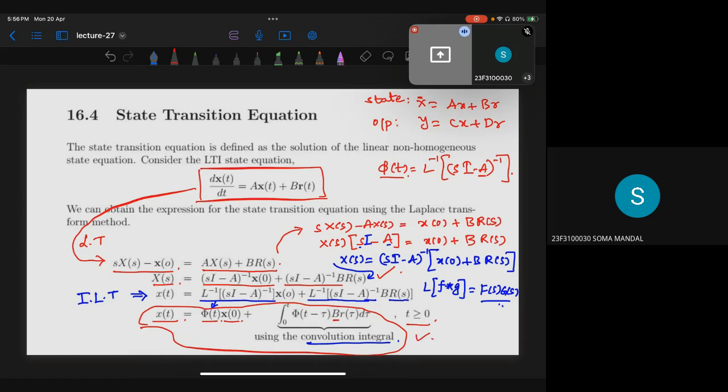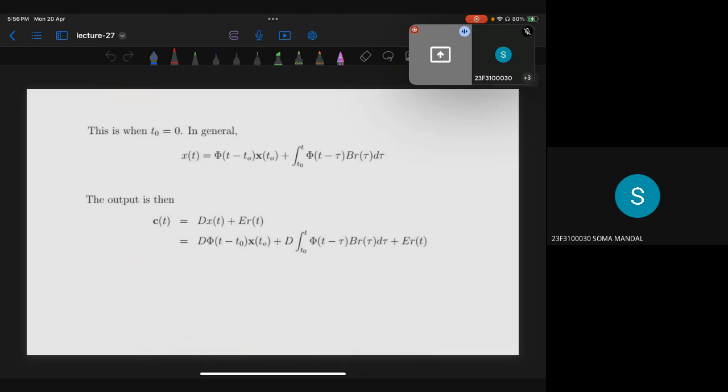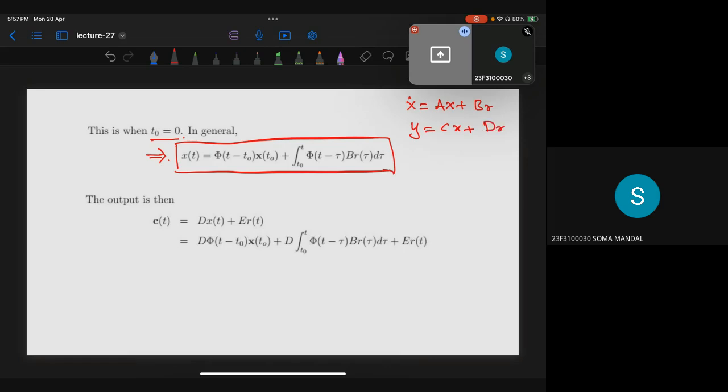So you'll understand this when we solve a problem. If in place of t you substitute t equal to 0, this is our equation. We have x dot equal to Ax plus Br, y equal to Cx plus Dr. Once you know x and r, y is nothing but this equation.